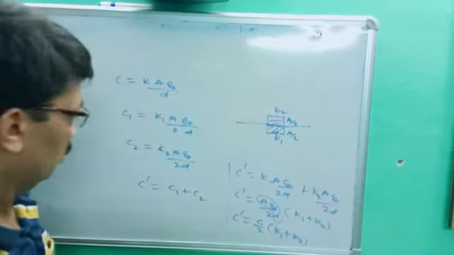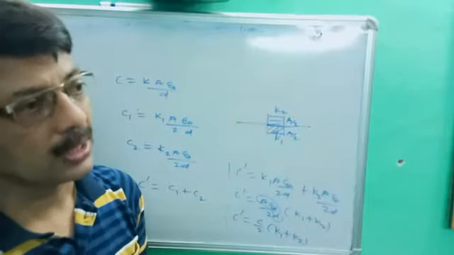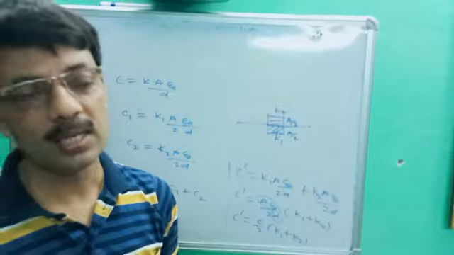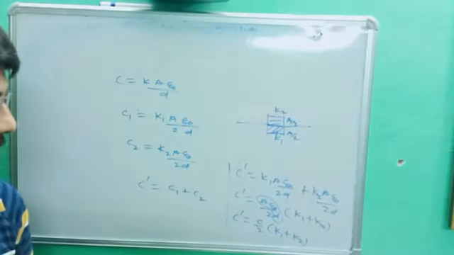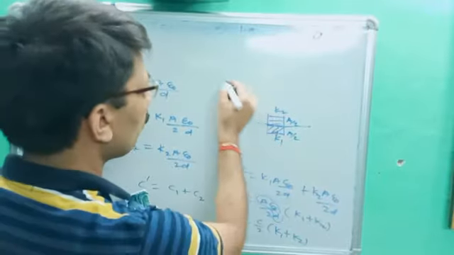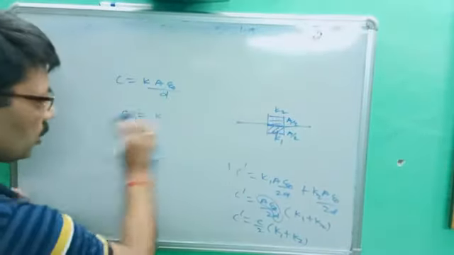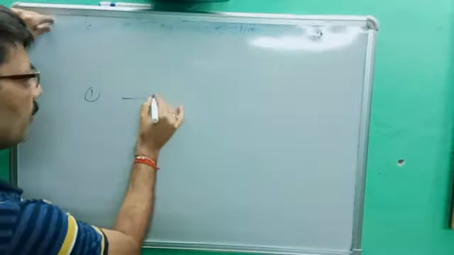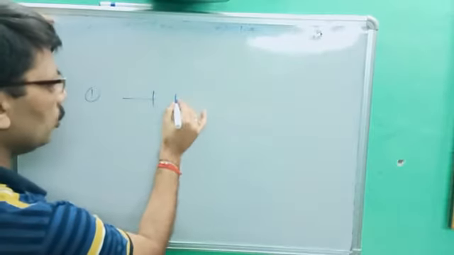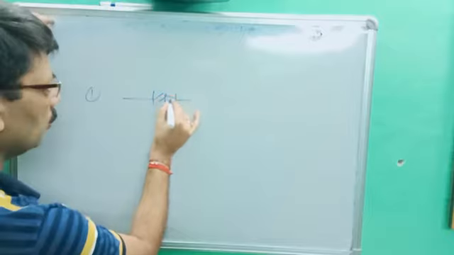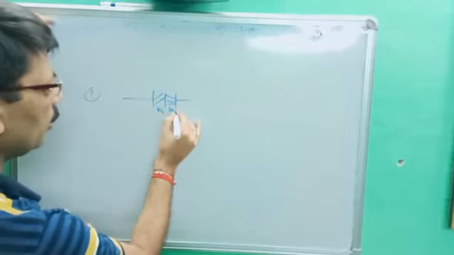So this is the second type of combination of capacitors by which you can do many numericals. Some are given in S. C. Verma, as well as in NCERT or different books. These are the points on which you have to work. In the same way, you can find some conceptual questions or assignments. Next, you have to find the capacity for this one. You try this. It is like this, K1 and K2.